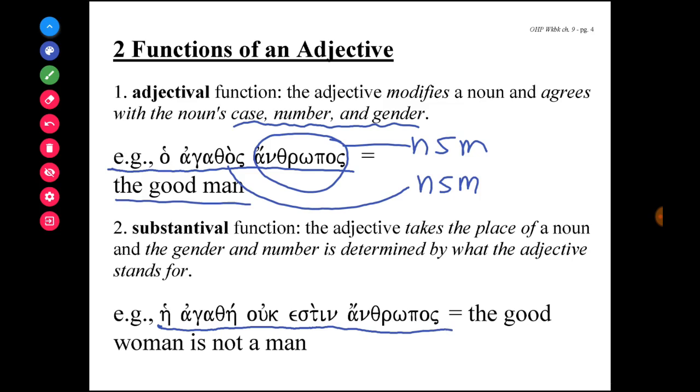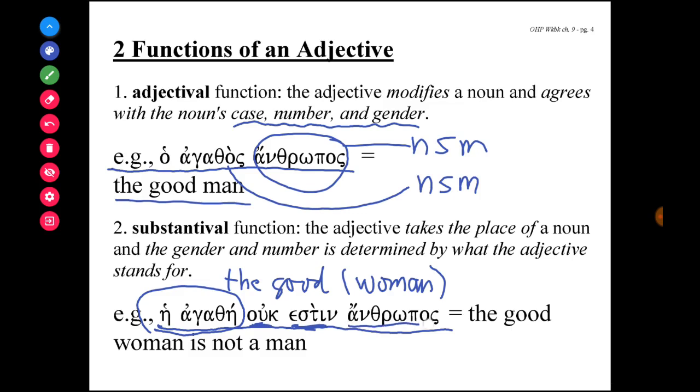So you can see this he agathe, because it's literally the good, but because it's feminine, it's likely the good woman. Ouk, which is not. Estin, he, she is. Anthropos, which is what we call the predicate nominative, a man. And we have the sentence, the good woman is not a man. And that's an example of the substantive use.